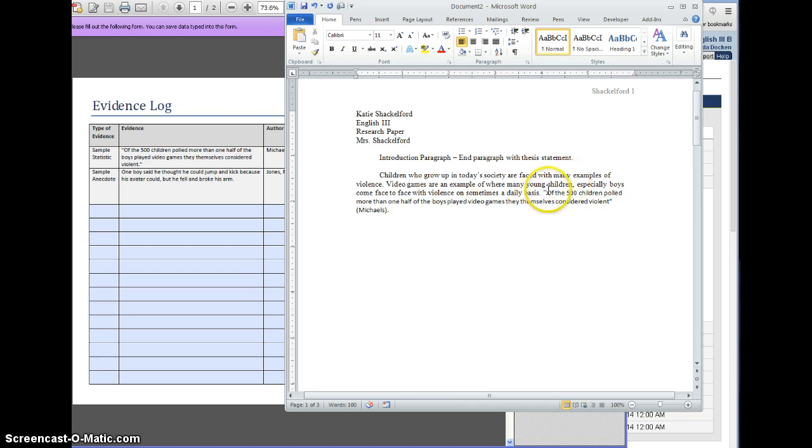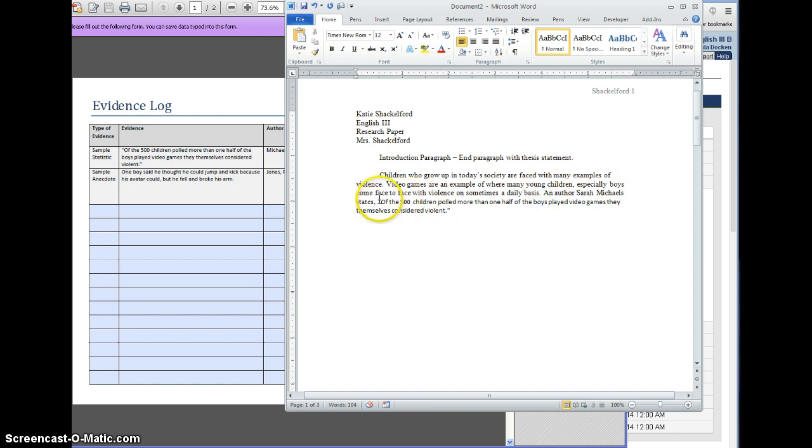You can also, instead of having the parentheses, you could have it quoted like this, or cited like this, excuse me. And that would work, okay? Because you're stating, I'm using information.